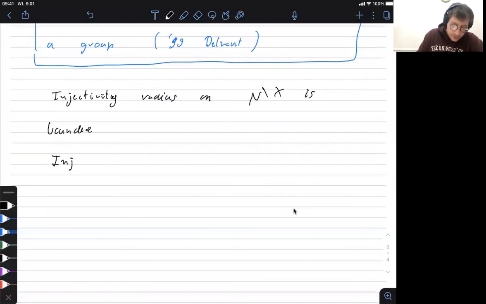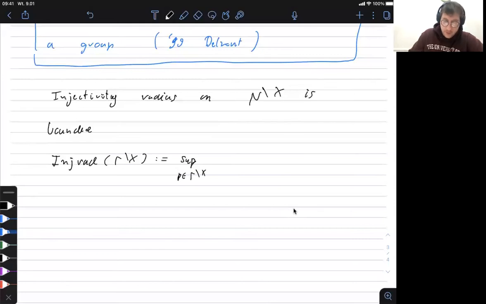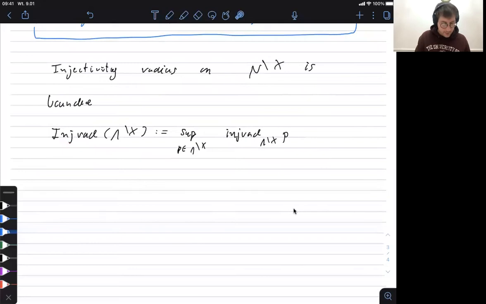So let's say that the injectivity radius of the whole space is by definition the sup over p in X mod gamma of the injectivity radius at x. So I have to warn you that this is not standard notation. Some people, when they write it, might mean infimum, but for the purpose of this talk, let's adopt this.